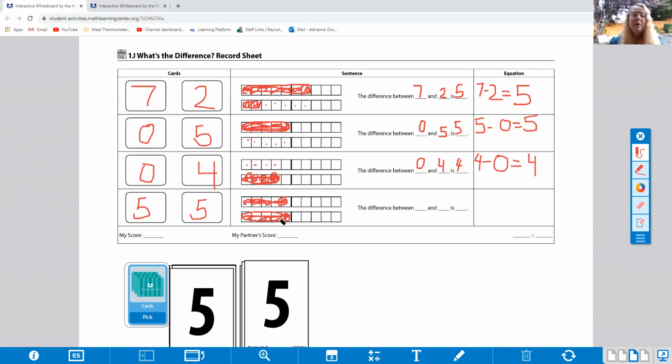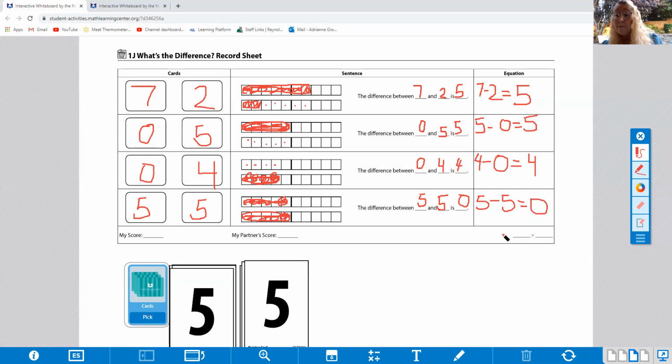Now I write the difference between 5 and 5 is 0, right? They're the same number. So that's 0. And then I write my equation: 5 minus 5 equals 0.